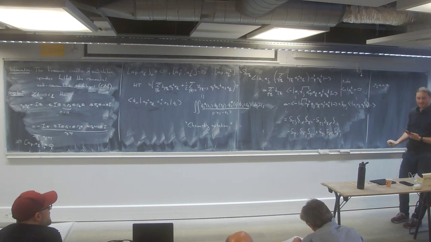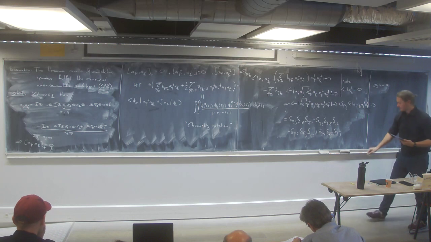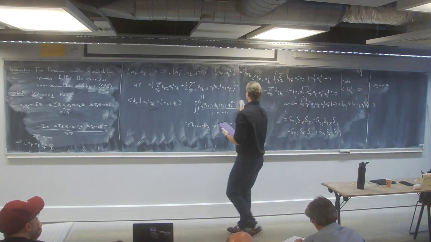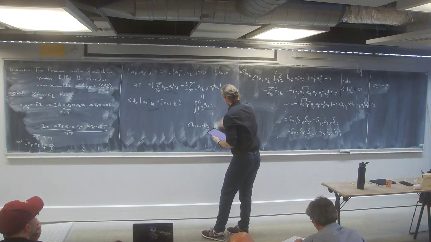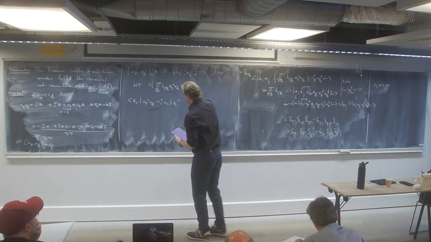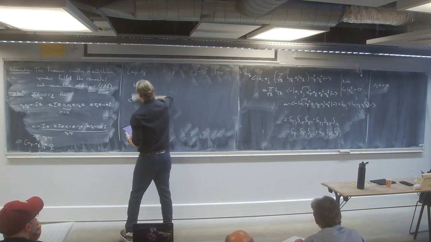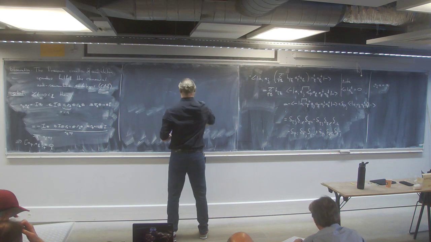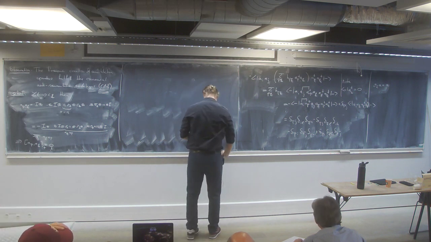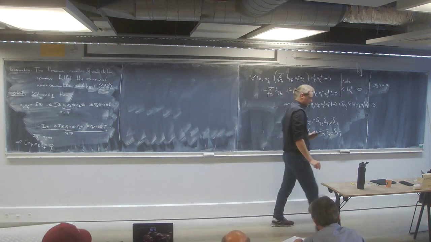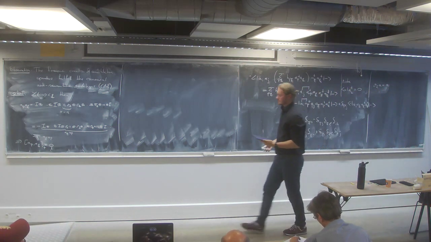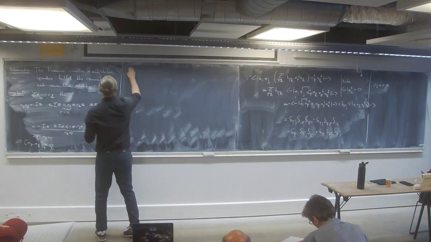But the cool thing is, you can do this really, really fast, okay? And this is what I want to show, because this is a really useful theorem. So this is called Wick's theorem.